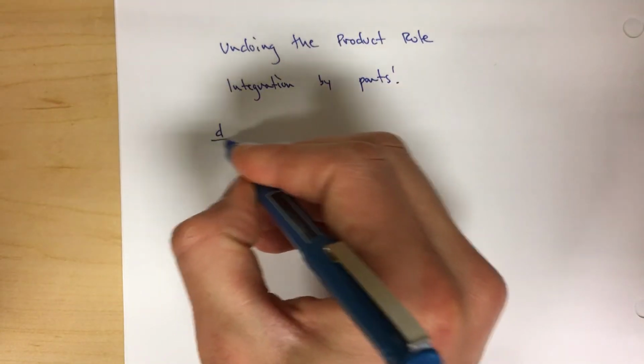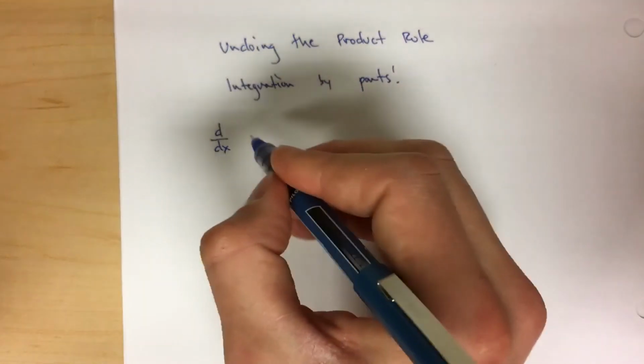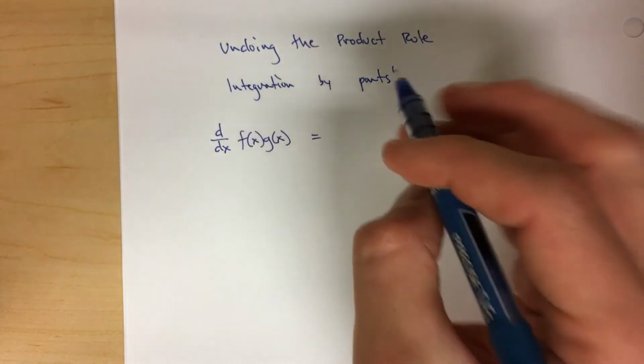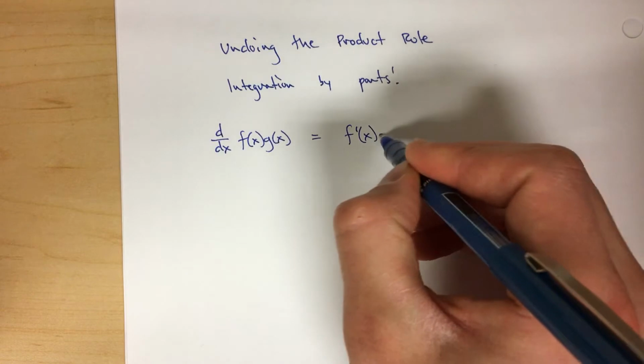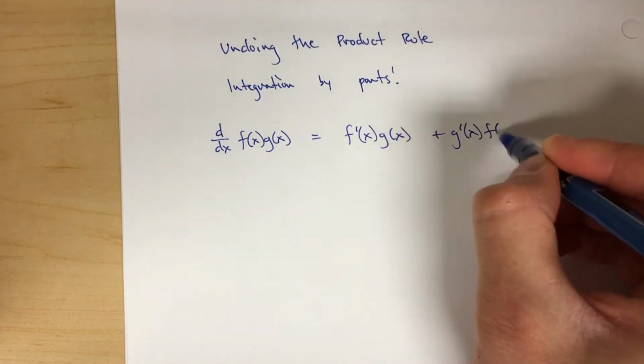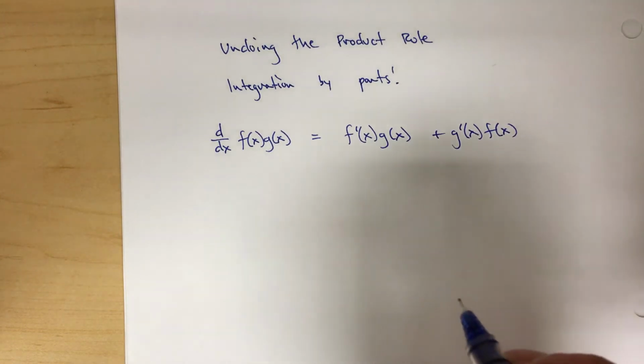First of all, if you take the derivative of f of x times g of x, you simply get f prime of x times g of x plus g prime of x times f of x, right? That's the product rule.